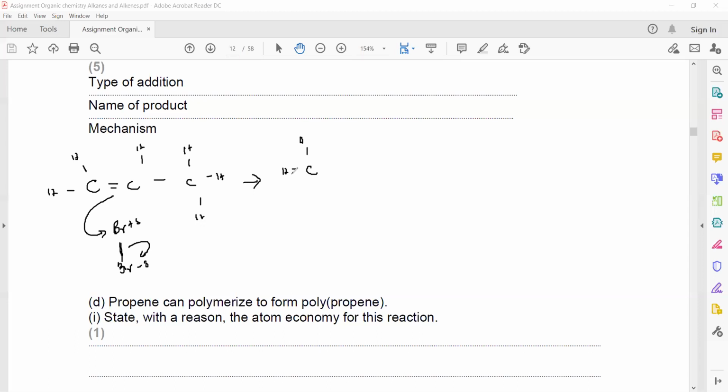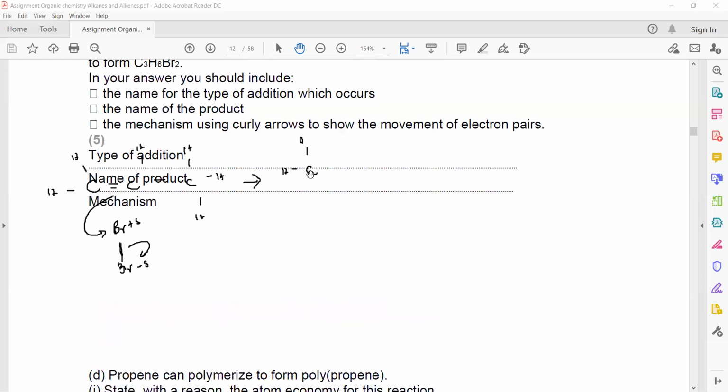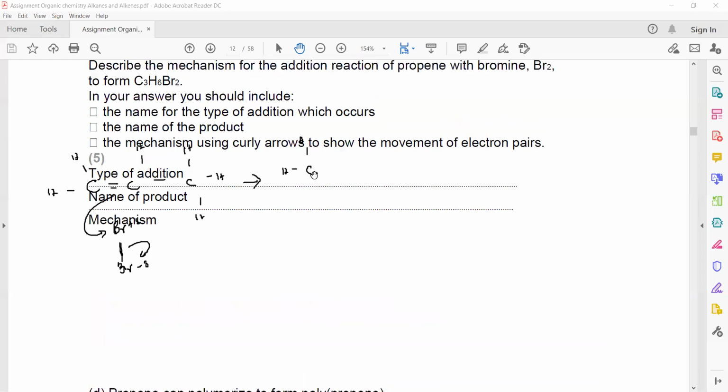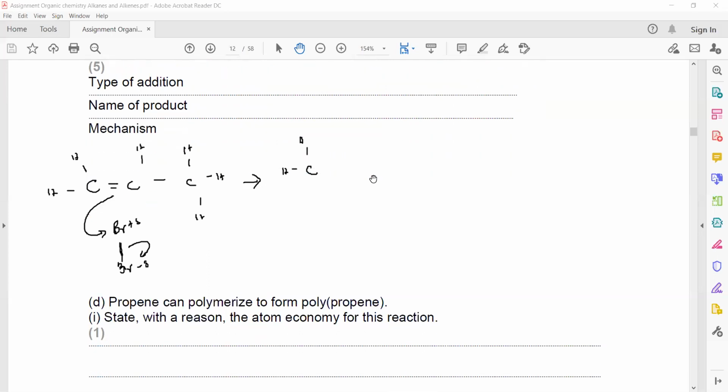In this case, the final product will be the same either way, because two identical atoms are added to the molecule.